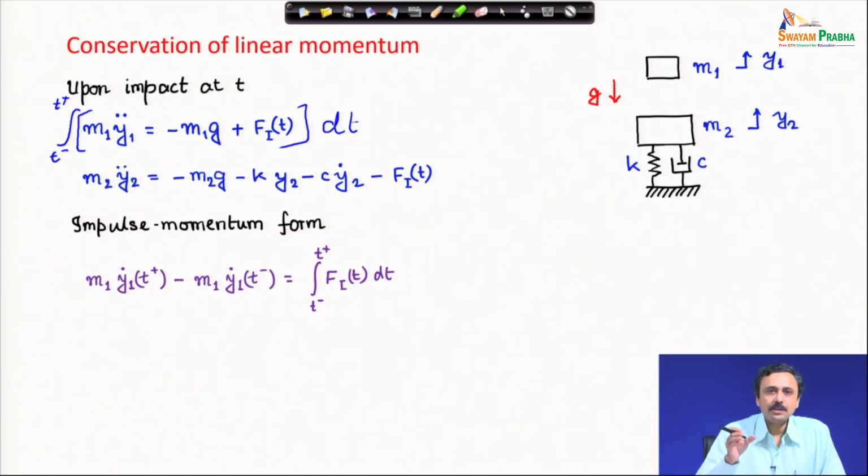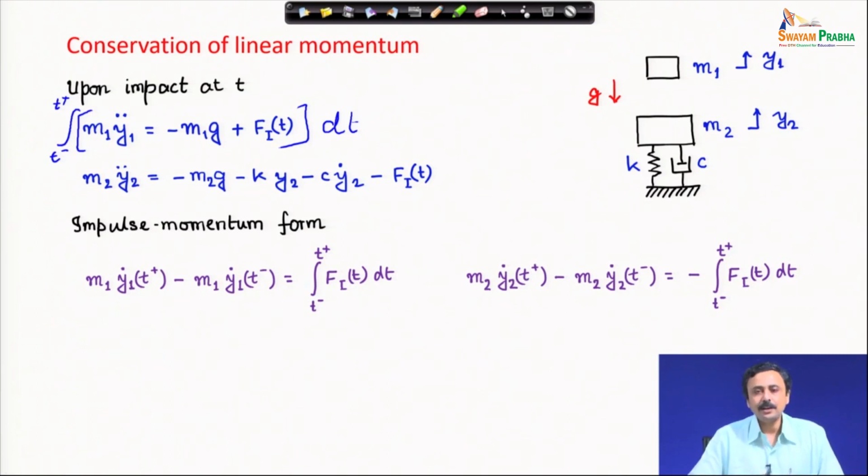Now, m1g is a constant force, and as this range from t minus to t plus over which this impulsive force acts is extremely small, the weight of mass 1 hardly contributes to the change in its momentum. The major change comes from that impulsive force. The weight is negligible compared to what the impulsive force will do.